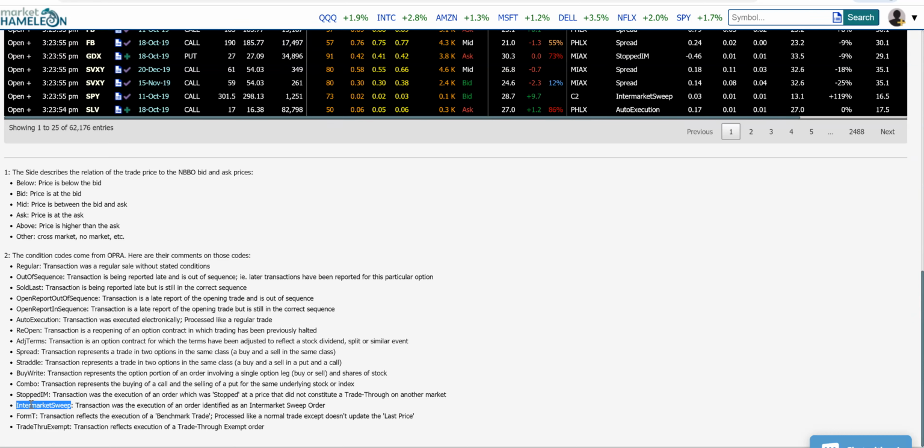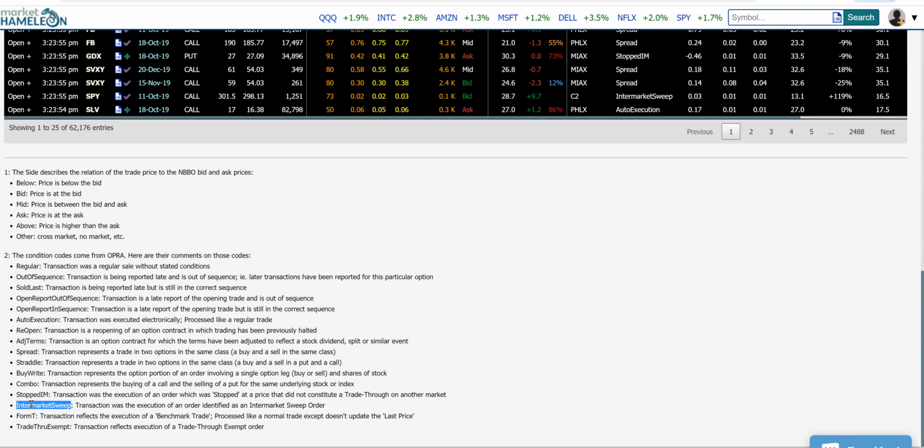Let's say you have an order that you want to execute, 50 contracts or 100 contracts, and you want to send it to the market. Since you're guaranteed the best price, it'll first go to the exchange that is displaying the best price.